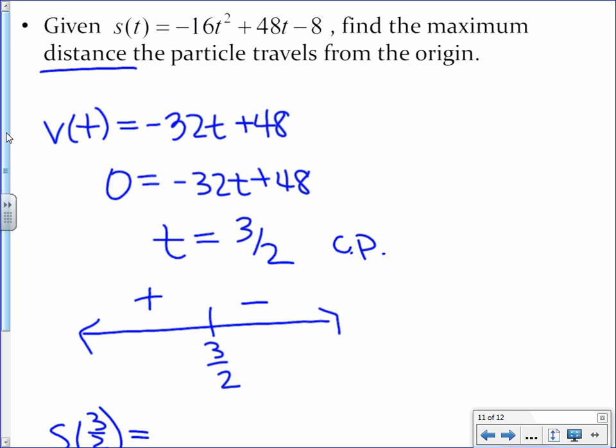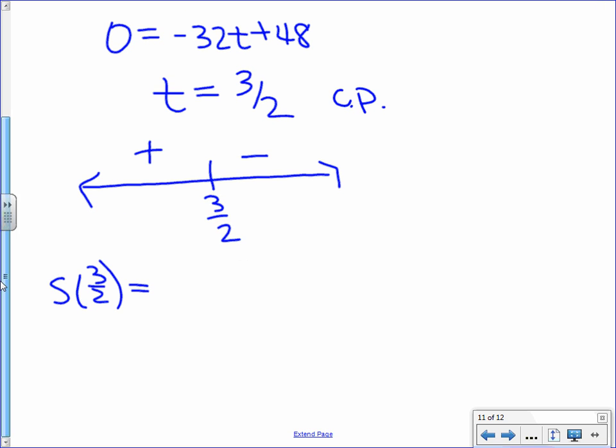Okay, so negative 36 plus 72? It's 36 plus something. Is that right? Okay, you can use a calculator. Okay. 36.